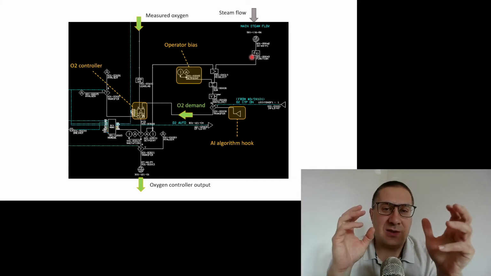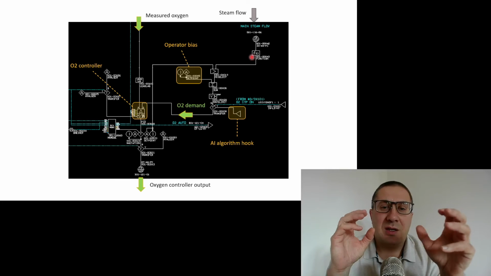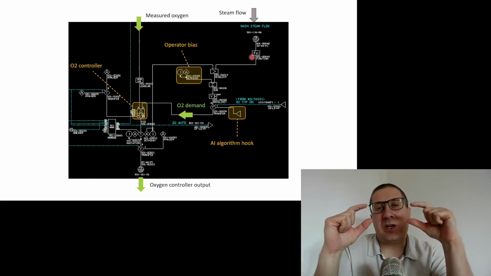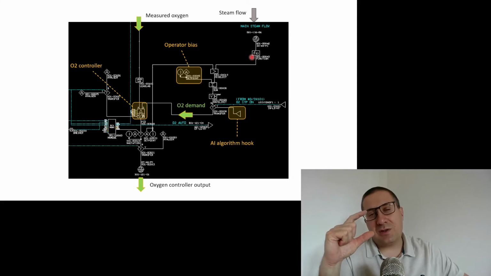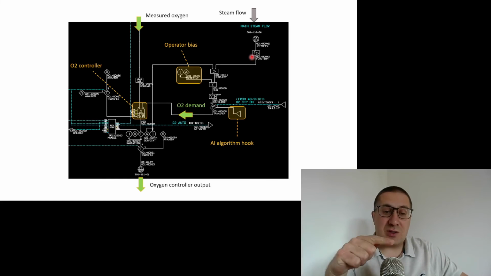It's not ideal. So it's good to have some safety margin of oxygen, like for example 2 or 3% of oxygen measured in the stack that is not used in the combustion process, right?